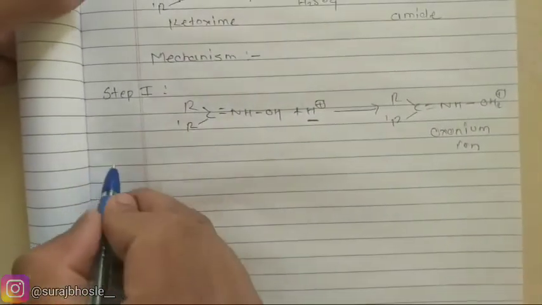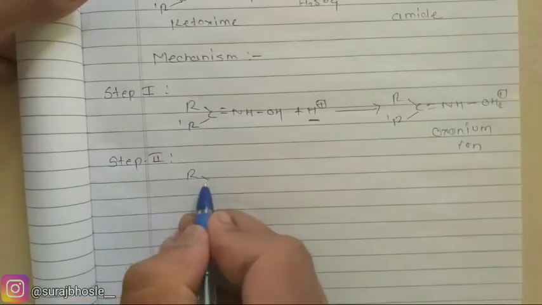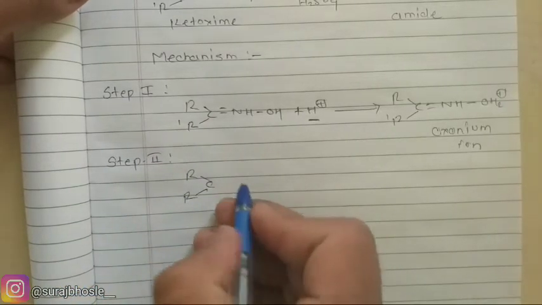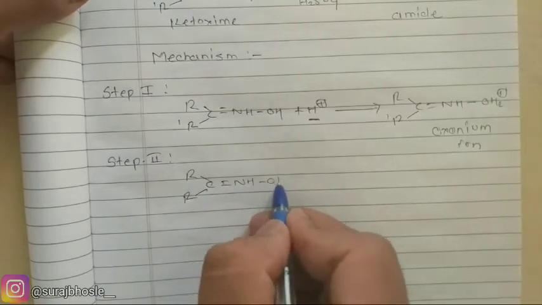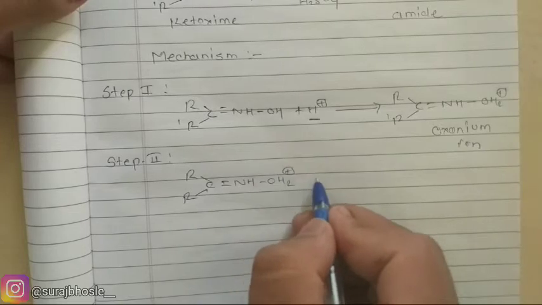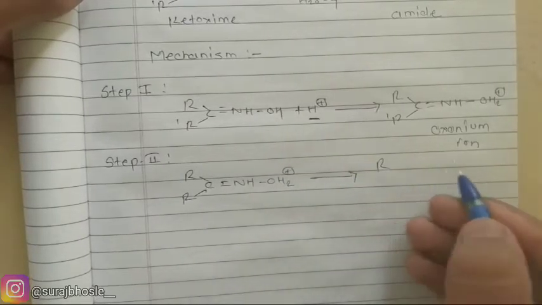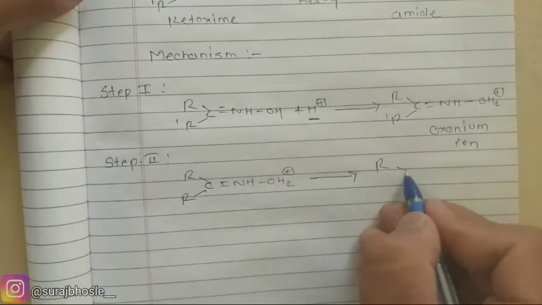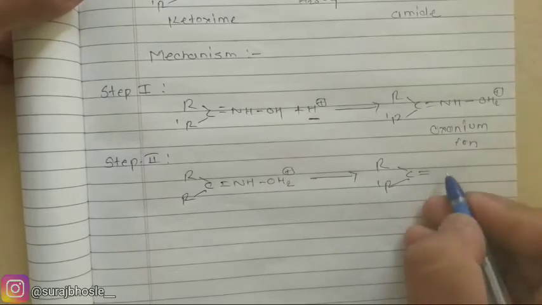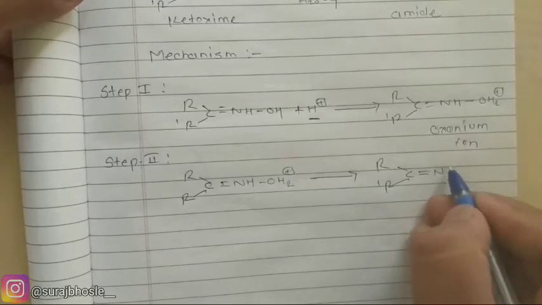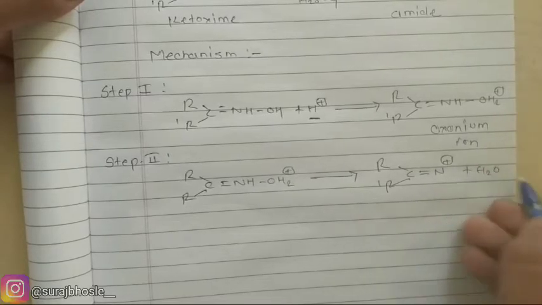Now in step 2, this oxonium ion is going to eliminate a water molecule, which leads to the formation of nitrenium ion.